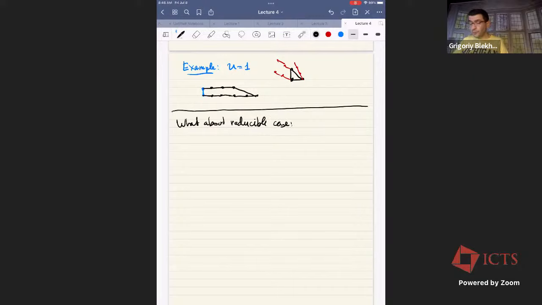As I mentioned before, there is really no good notion of minimal degree in the reducible case. Why? If your variety was equidimensional, meaning that all of the irreducible components have the same dimension, then you can still define minimal degree in the same way, and everything still kind of works. But what if you have components of different dimension? Remember, how did we define degree?